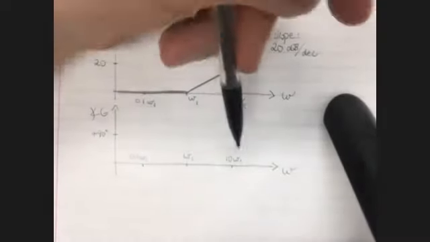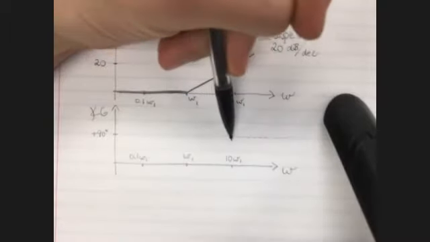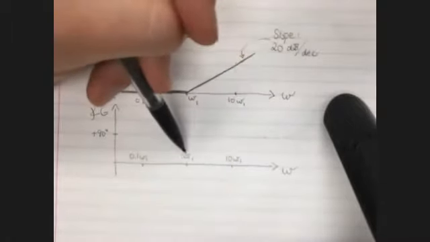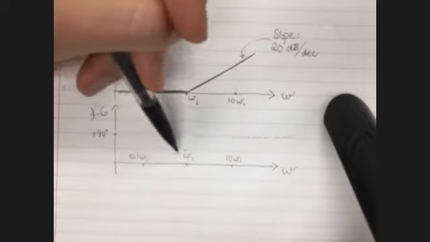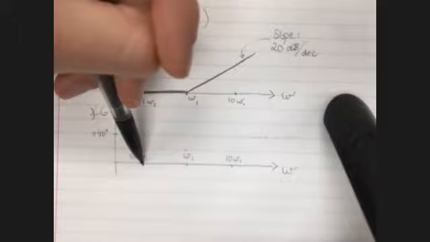But it's going to happen eventually. We're going to hit that positive 90 eventually, and by eventually, I mean basically when we're at 10 omega 1. We're going to be at about 45 degrees at omega 1. And things are going to start to kick in at 0.1.